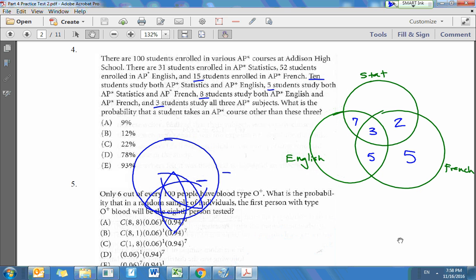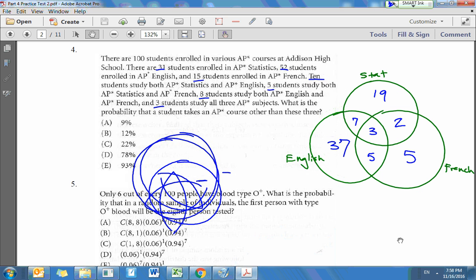Going back, I have 52 students in AP English. That's this region. Now keep in mind that there are 15 in other classes, and so there's 37 that are only in English. And finally, I have 31 in AP Stats. That's this region. 12 of them are in other AP classes as well, and so there's 19 left.